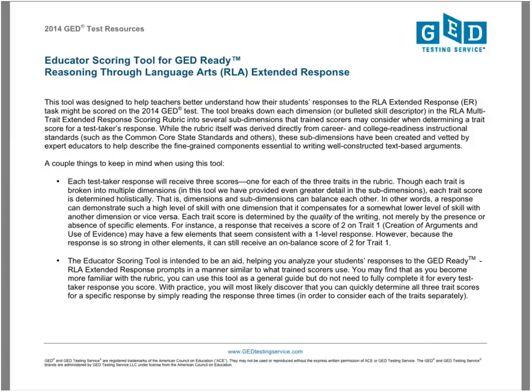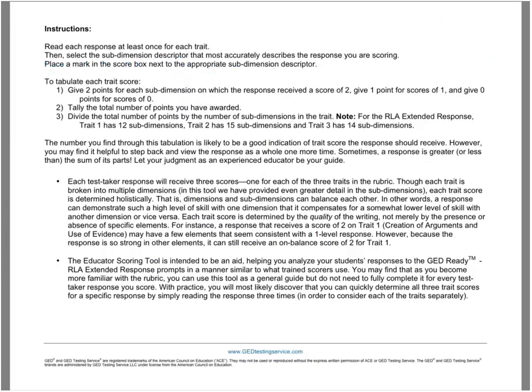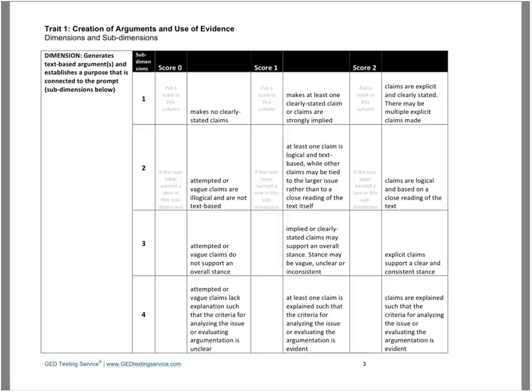As you go through, you'll see directions, but really take a look over here to the fact that we have our trait 1, we have dimensions and subdimensions, and notice how they have broken everything down. And then what makes it nice is that as I'm reading, I can say, does this clearly state a claim? Is it kind of implied or is it explicit? I can determine those different pieces as I'm moving through.